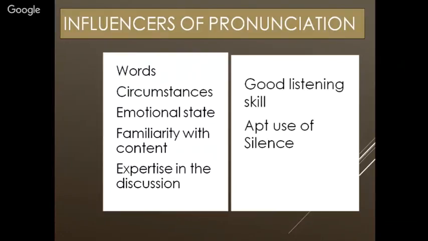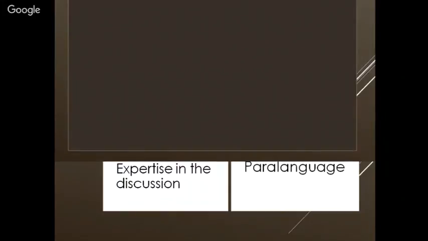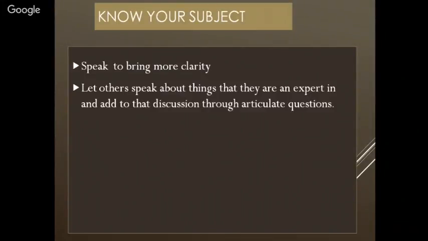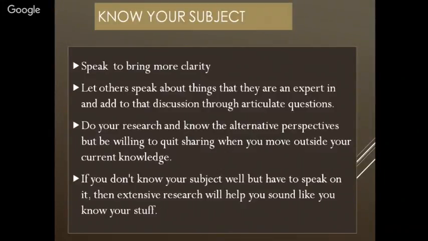Good listening and apt use of silence. And paralanguage. Paralanguage is very, very important. Never ever in any of my sessions do I say that you don't need to know the subject. All you need to have is a style or good pronunciation or good articulation, and it'll take care of your subject. That's not true.